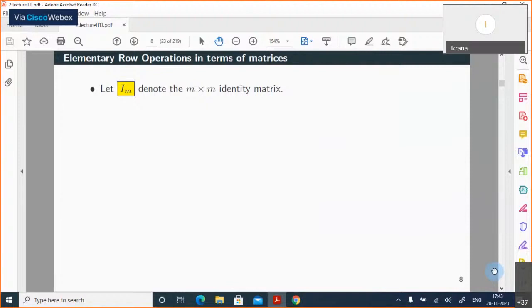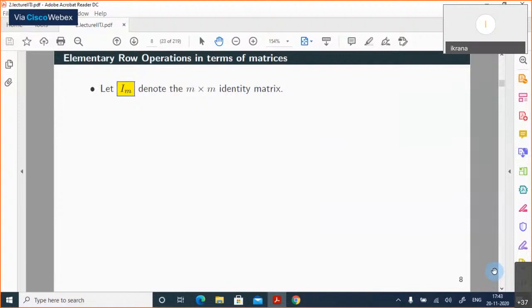So how do we tell a machine that I give you this matrix, the data is with you, so how do you do the row operations? I can't just tell it to look at row 1 and interchange it with row 10. The matrix does not really know what row 1 and row 10 are. It can do matrix multiplications and matrix additions and so on.